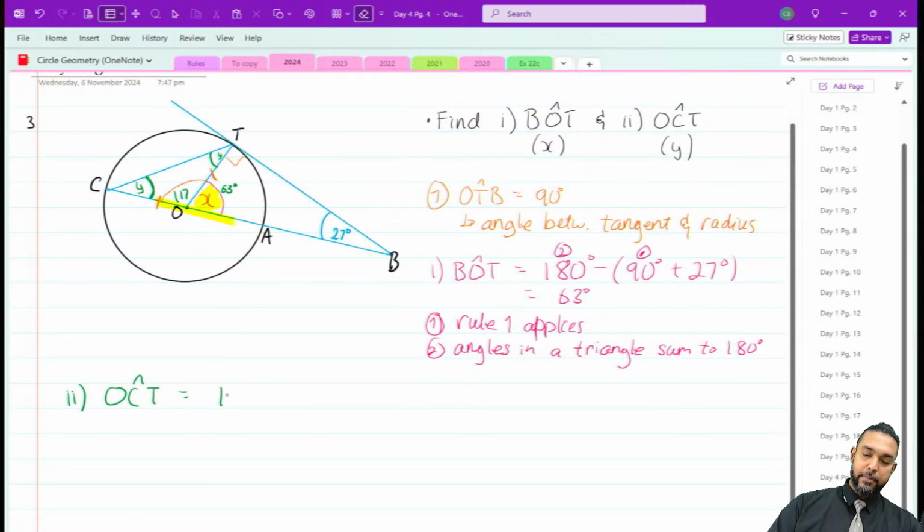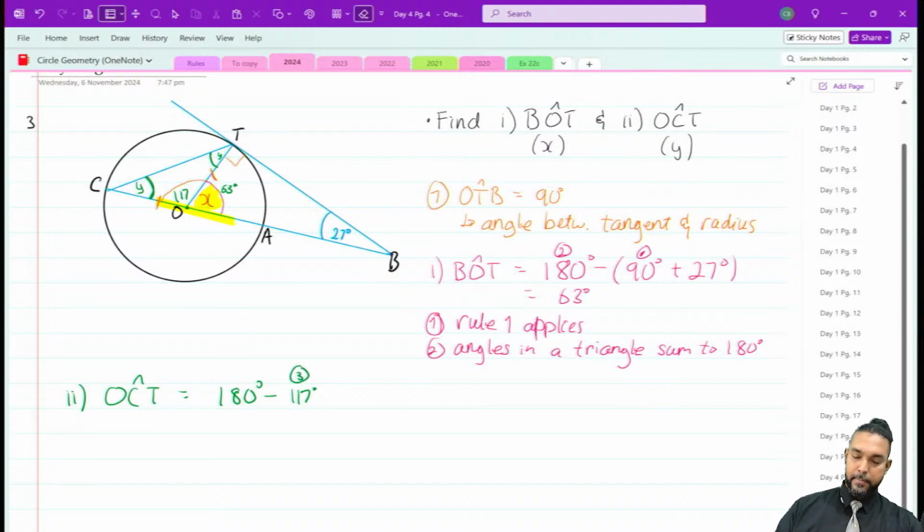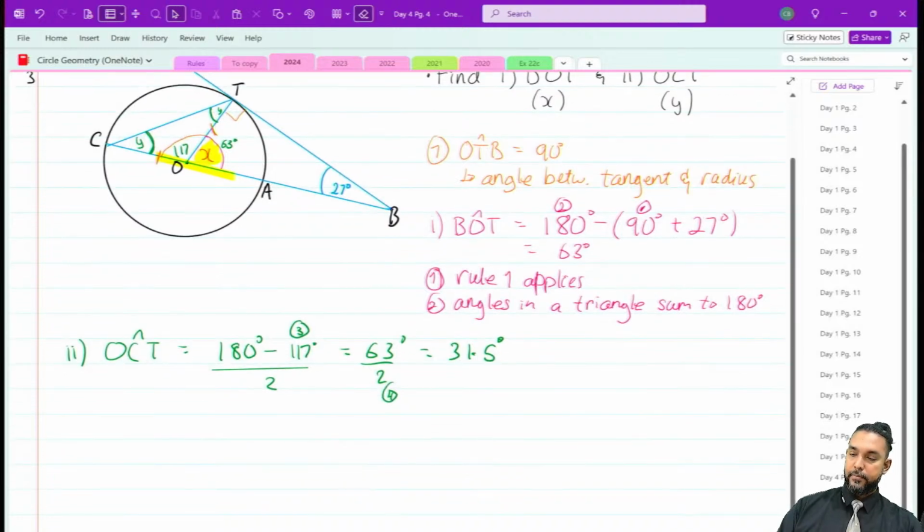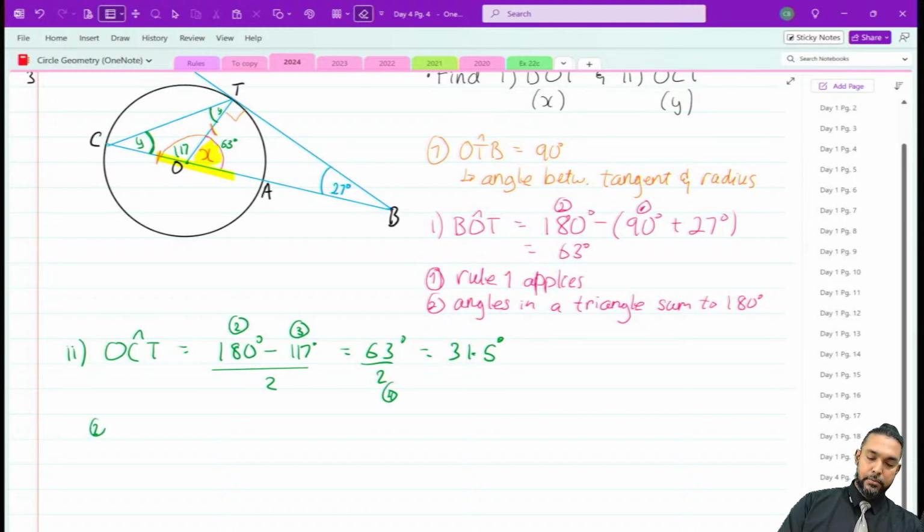So OCT would be equal to 180 minus the 117. We'll put that as what? As 63. And divide by 2. So 63 divided by 2. Very good. And there's 4 down here. Right? And this is rule 2 here. Right? So rule 2 applies.